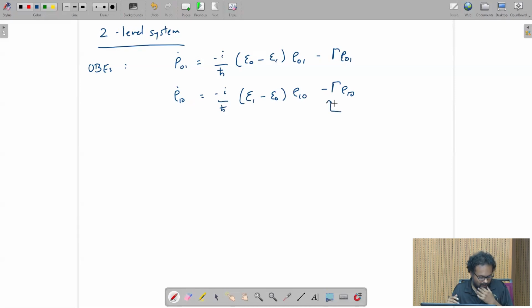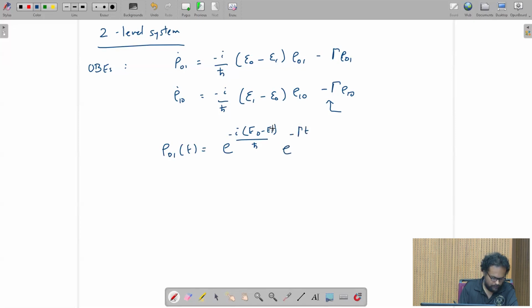Now we can solve this under some initial conditions, where everything is in the ground state and nothing is in the excited state, and so on and so forth. You will see the solution has e to the power minus i (e1 minus e0) t over h bar, times e to the power minus gamma t.